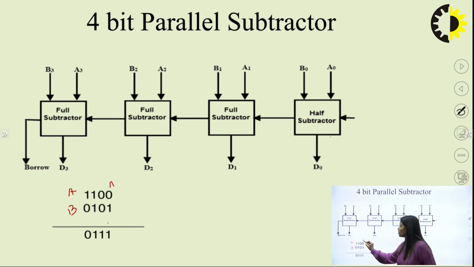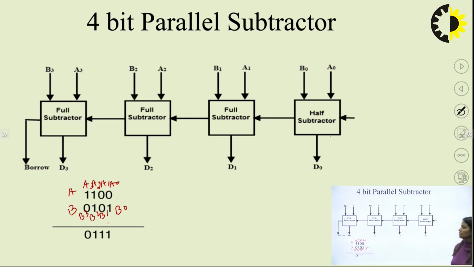So this is A0, A1, A2, A3. This is B0, B1, B2, B3. So we want to subtract these two numbers.